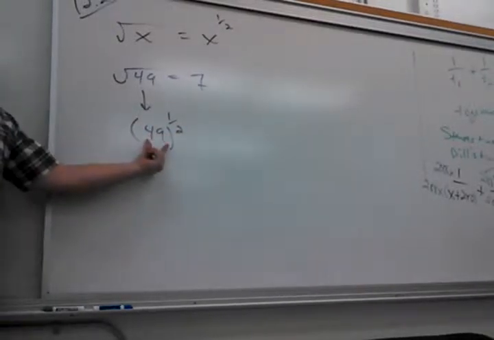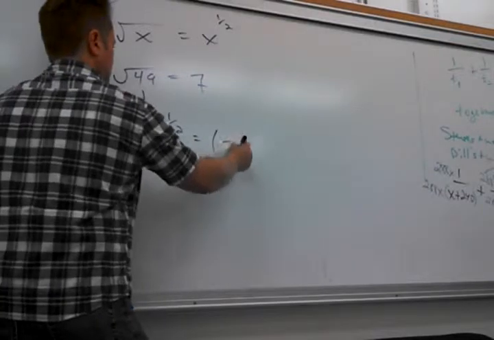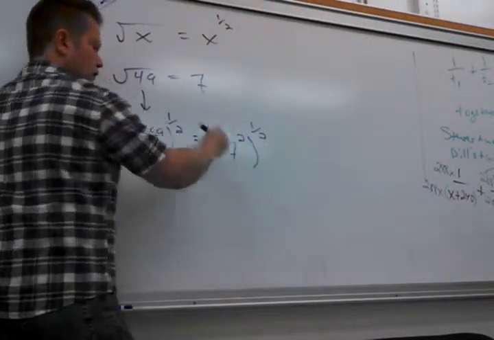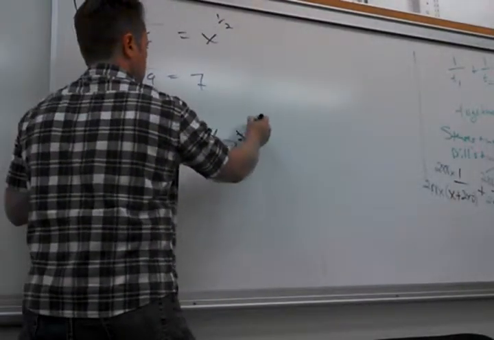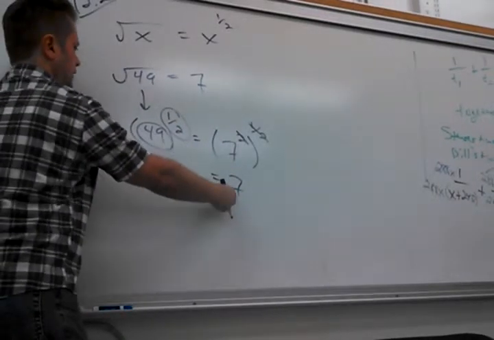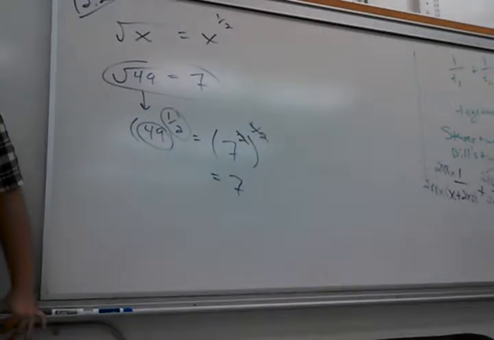We took 49 and wrote it as 7 squared. And what do these do? They cancel, because you multiply them. So 2 times 1/2 is 1, so you do get 7. So the 1/2 power of 49 multiplicatively is 7, which is exactly what a square root is asking you to do: cut it in half multiplicatively.